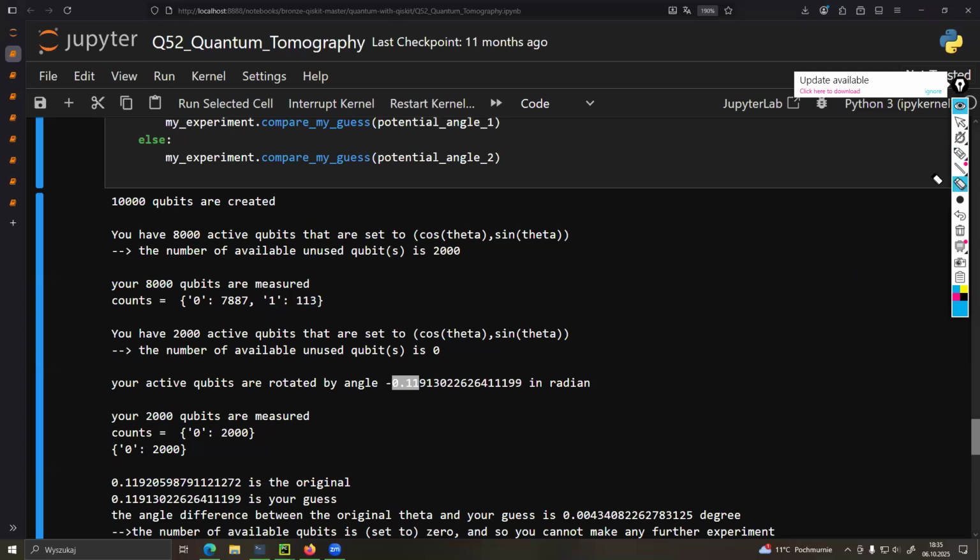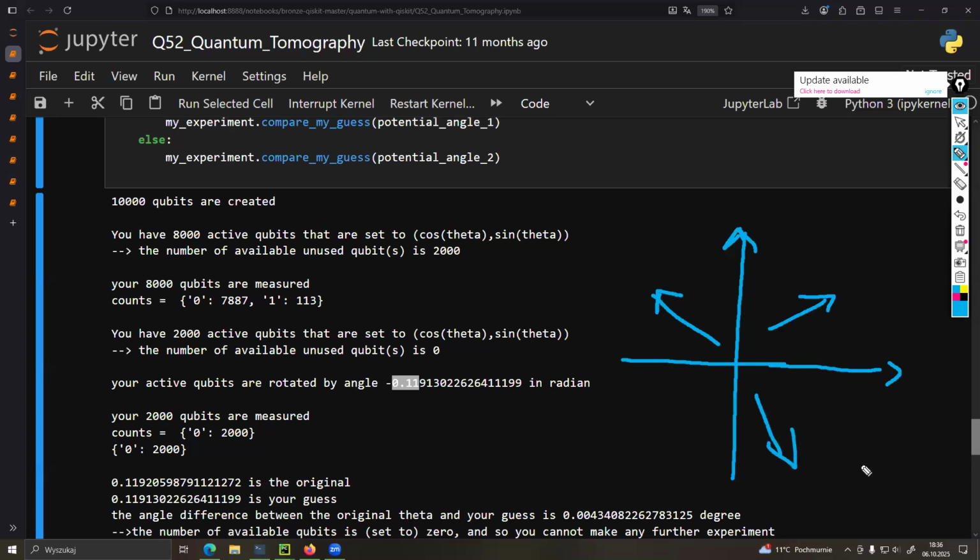So that is how quantum tomography works, and it helps us decide what the global phase is. To recap, we could spend some of our resources on thinking about where we actually are in terms of our global phase. Are we there? Or are we there? We leave some of the resources to stop guessing, in terms of, oh, I wasted all of them and I don't know where I was.